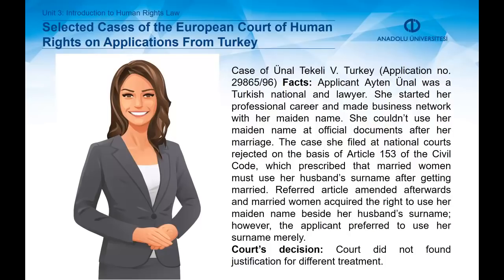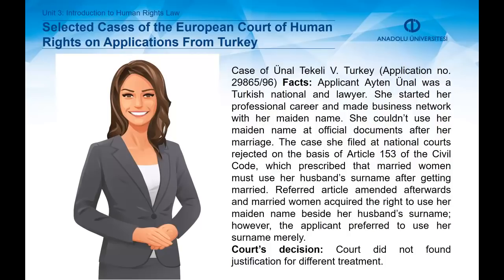She started her professional career and made her business network with her maiden name. She couldn't use her maiden name on official documents after her marriage. The case she filed at national courts was rejected on the basis of Article 153 of the Civil Code, which prescribed that married women must use their husband's surname after getting married.